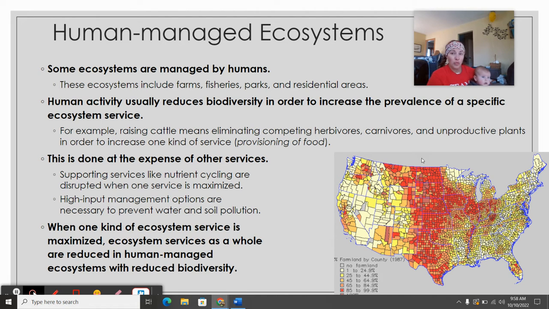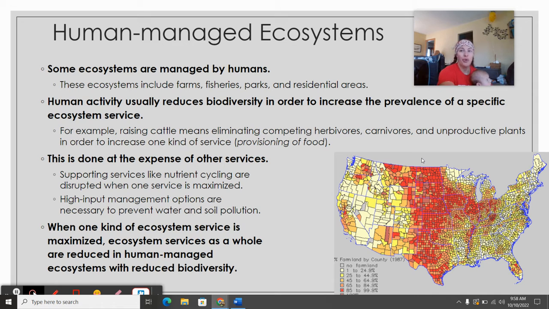When we focus on one thing in the ecosystem, it is going to hurt the rest of the ways that the ecosystem helps us. So, nutrient cycling, okay? When we are just having cattle on the land, we're not necessarily focused on nutrient cycling, and the soil becomes really, really poor.